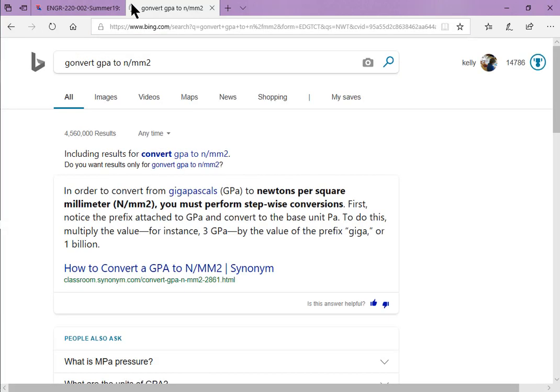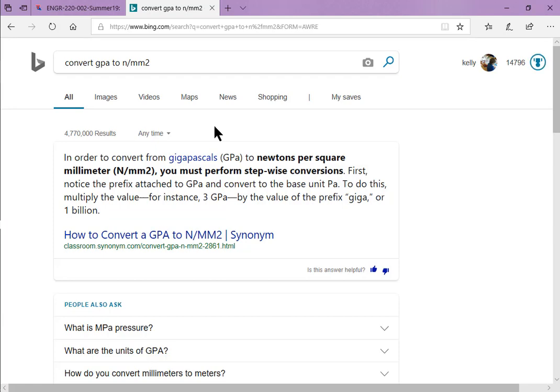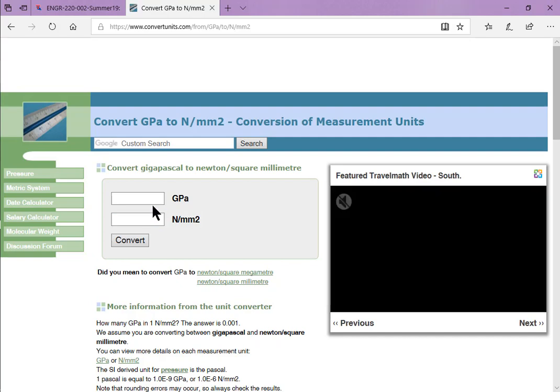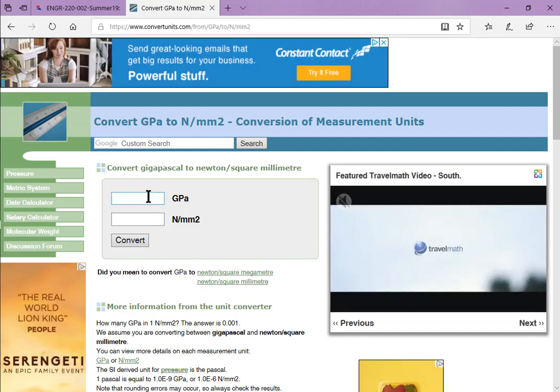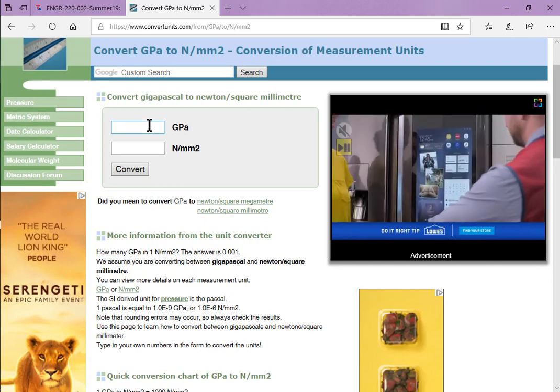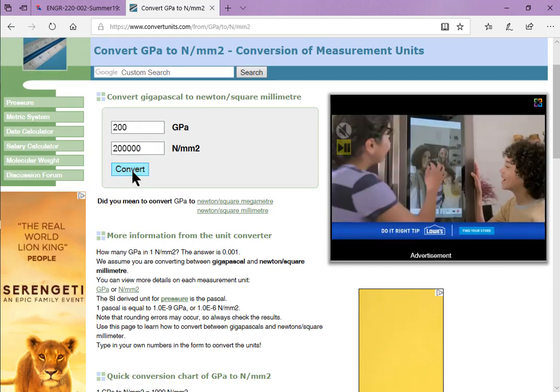All right, they searched for that. And I don't remember what they found. Oh, I think it's right here. Something on here, maybe, 200 gigapascals.